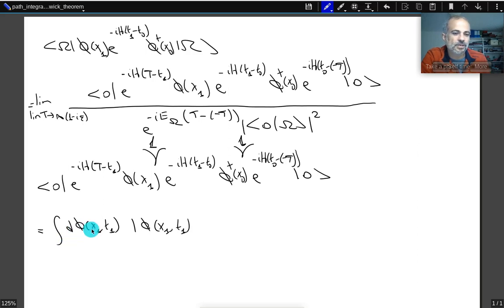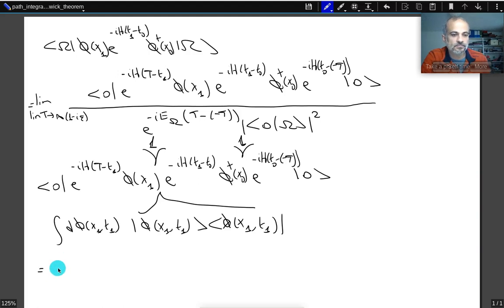Remember that although I'm just writing a single integration variable, this is many integration variables at different points x1 at the same time t1. This is what I will insert over here, and here I will insert a similar one with x0. So my matrix element actually becomes this one.